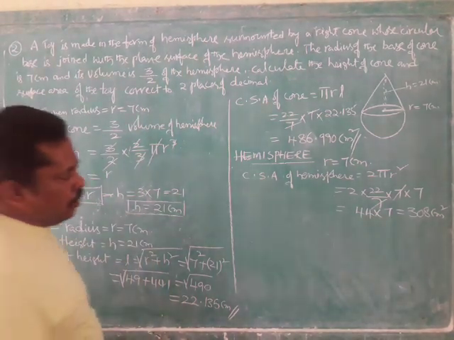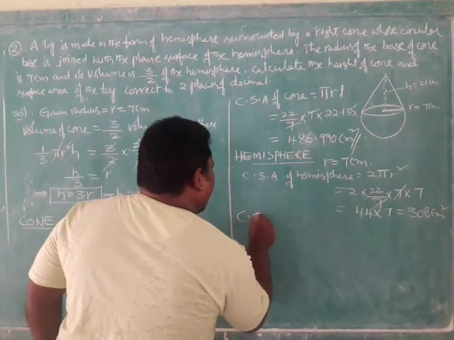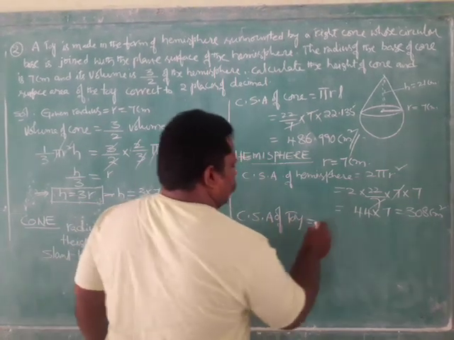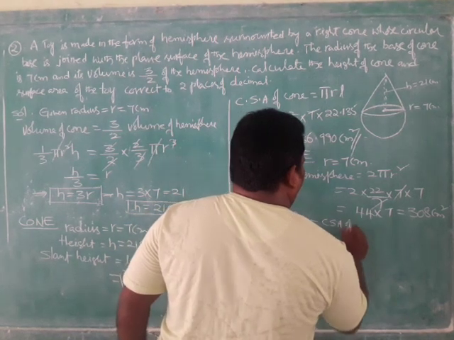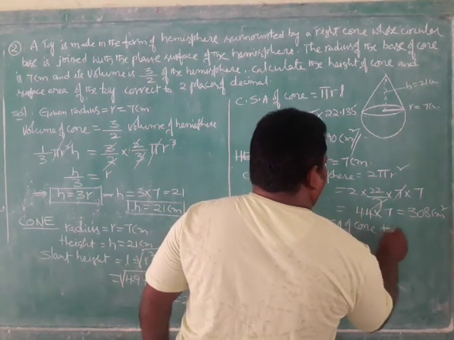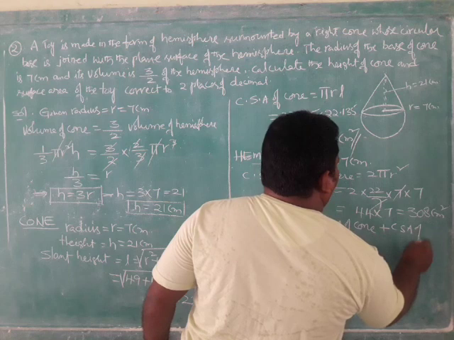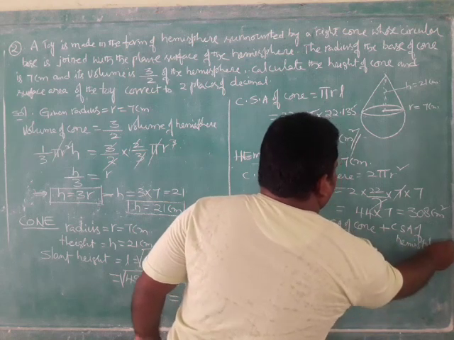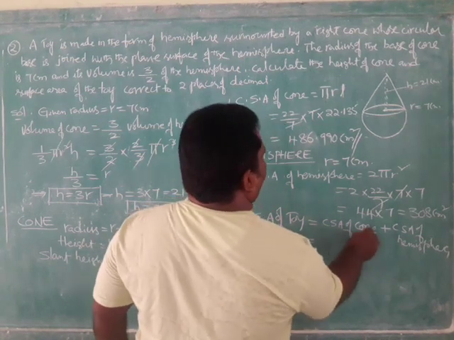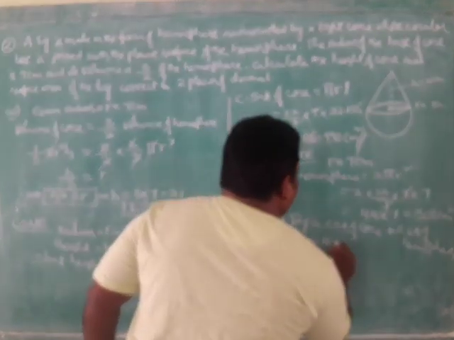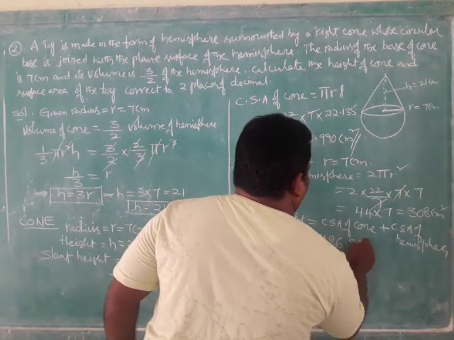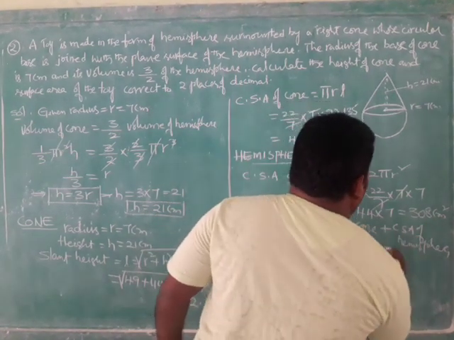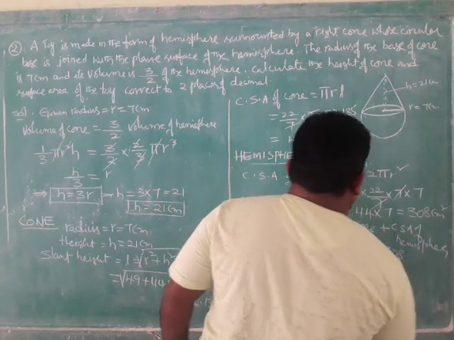Therefore, the curved surface area of the toy is equal to CSA of cone plus CSA of hemisphere, which is 486.990 plus 308 centimeters square.